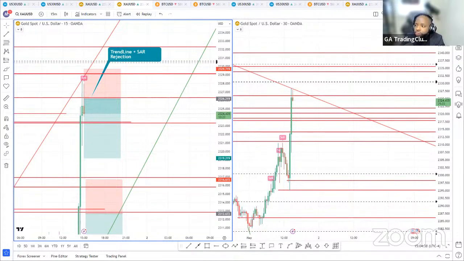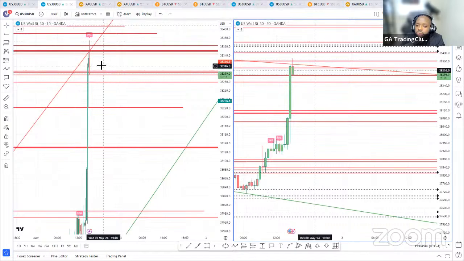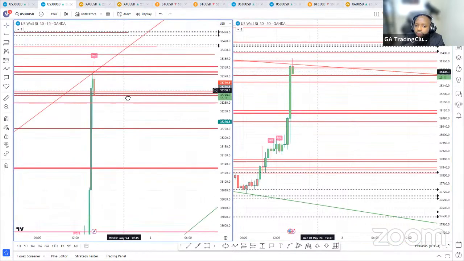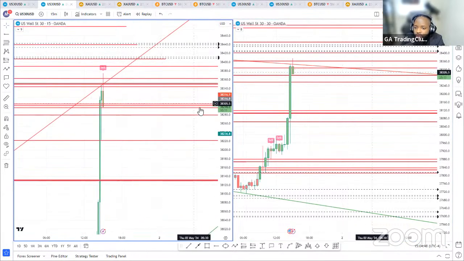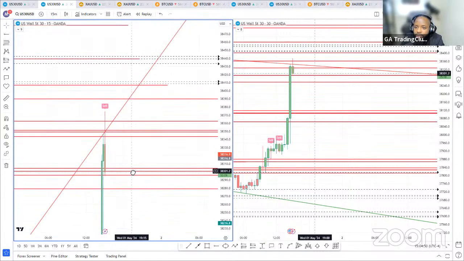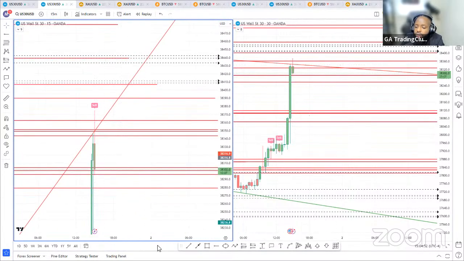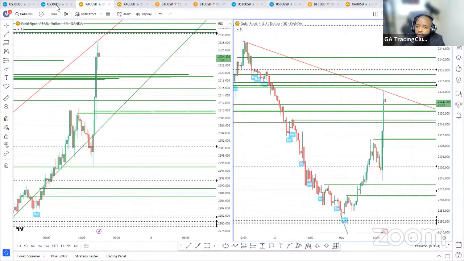So everything is dipping. US 30 is dropping. US 30 from the sell side is dropping. Same thing here. We had a trend line and SAR rejection here also for US 30.